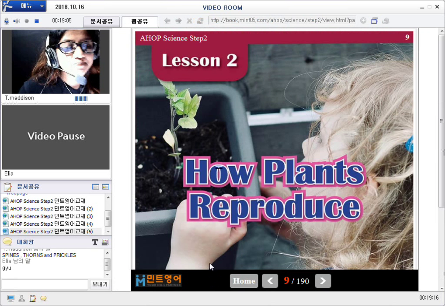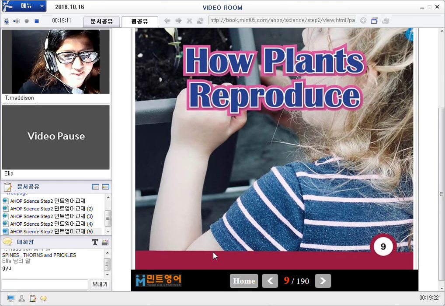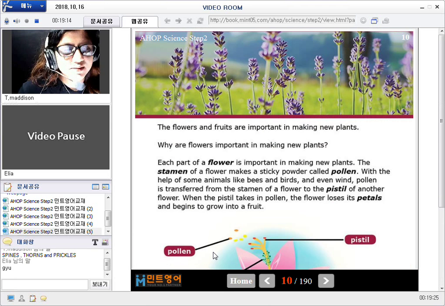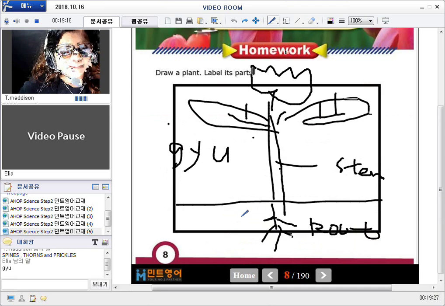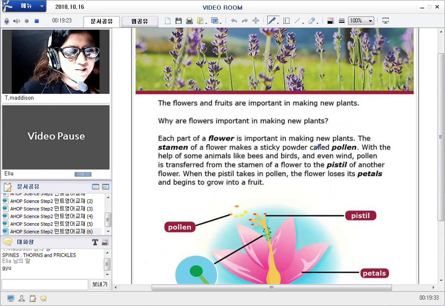Okay, this is how plants reproduce. Please read this part, the introduction. The flowers and fruits are important in making new plants. Why are flowers important in making new plants? Each part of a flower is important in making new plants.